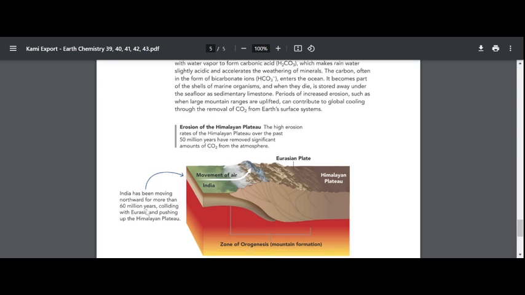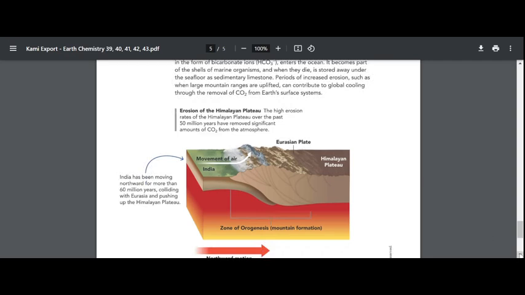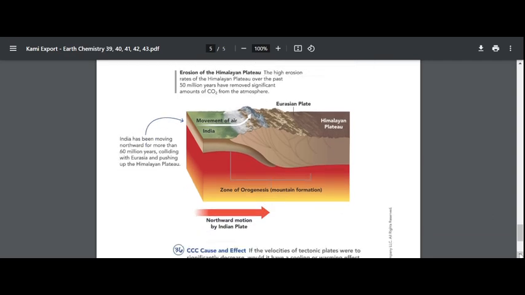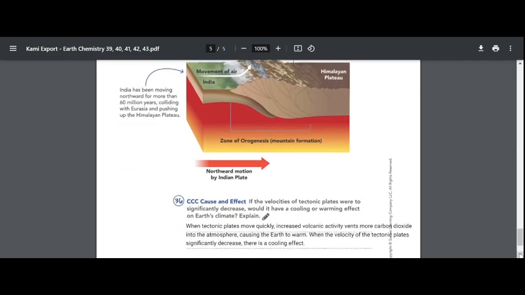India has been moving northward for more than 60 million years, colliding with Eurasia and pushing up the Himalayan plateau. Okay, so over here we see the movement of India. We see the Eurasian plate, the Himalayan plateau, the zone of orogenesis, mountain formation, and the northward motion of the Indian plate.